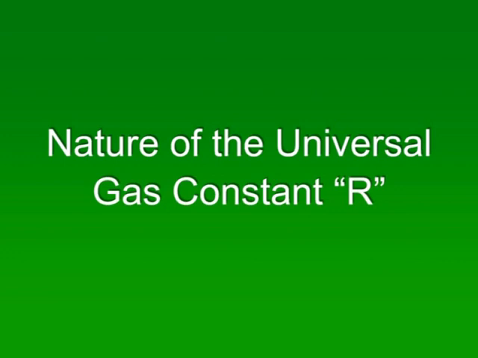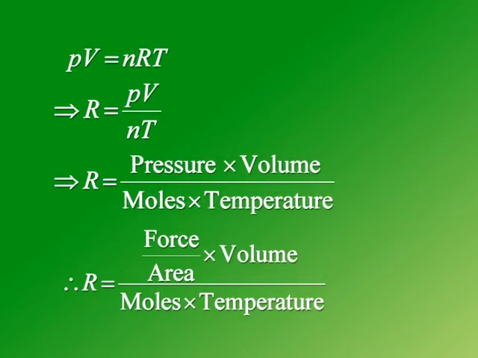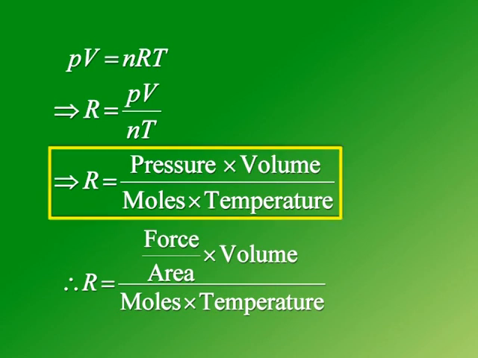Children, now we will find out dimensions of gas constant from ideal gas equation. We know that P multiplied by V is equal to n multiplied by R and T, which implies that R is equal to P multiplied by V upon n multiplied by T. Or we can say that R is equal to pressure multiplied by volume divided by moles multiplied by temperature.